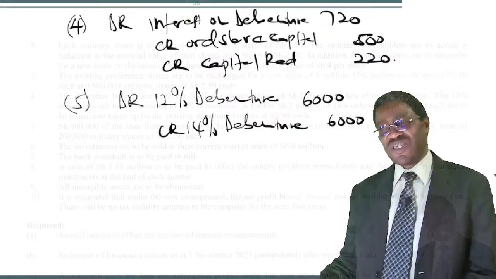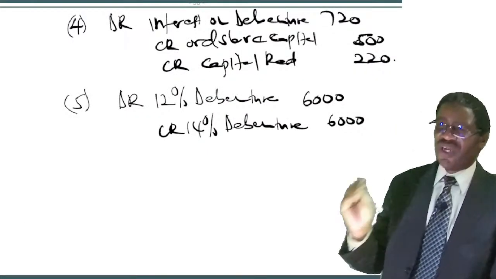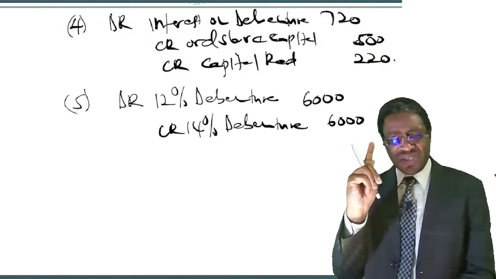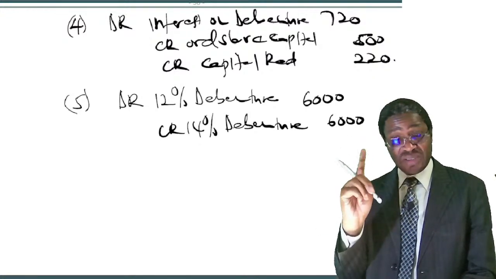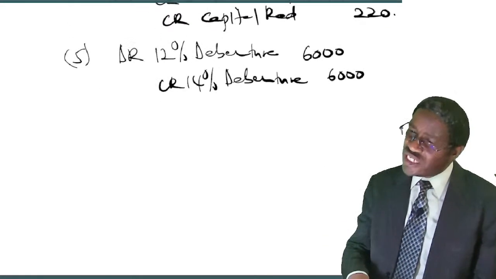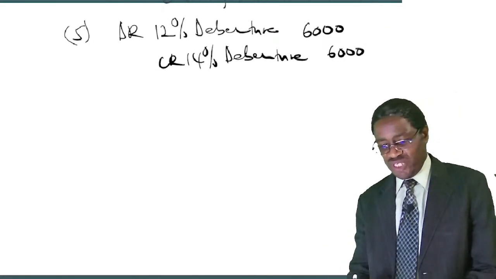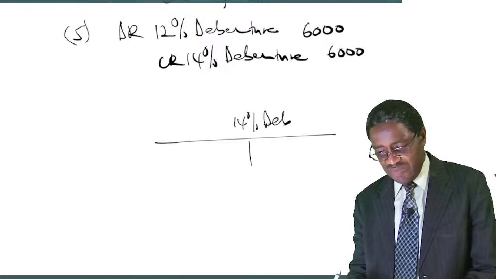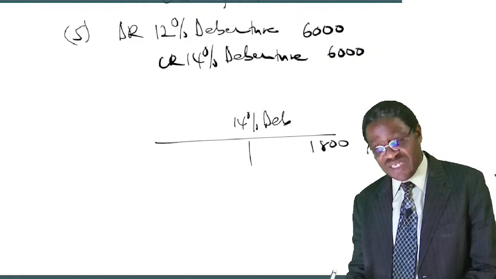So listen carefully now. It's obvious you will debit bank. You will have to credit 14% debenture by 1.8.